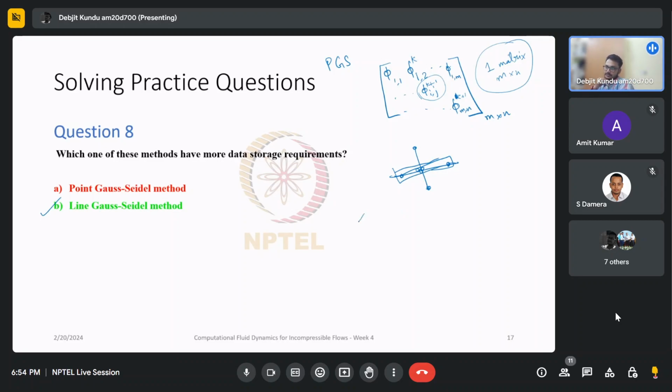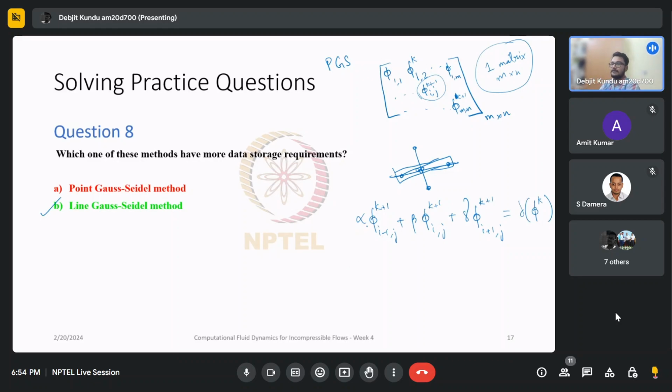So this becomes something like alpha phi i minus 1, j plus beta phi i comma j plus gamma phi i plus 1 comma j and some delta over here. Now delta is a function of some phi at the kth level, and these are all unknowns at the k plus 1th level. So delta is again some combination of known quantities at the kth level.